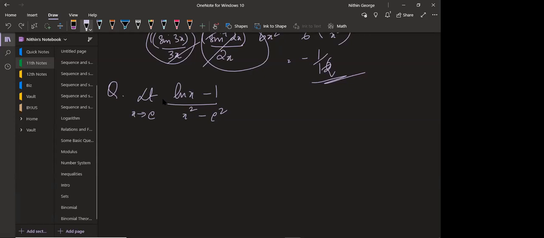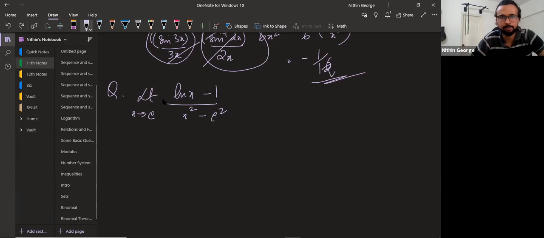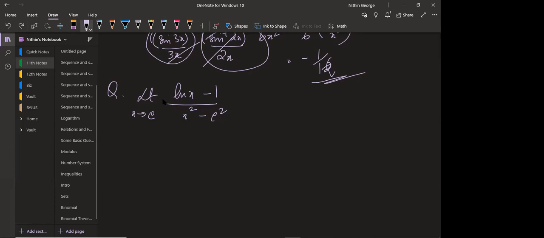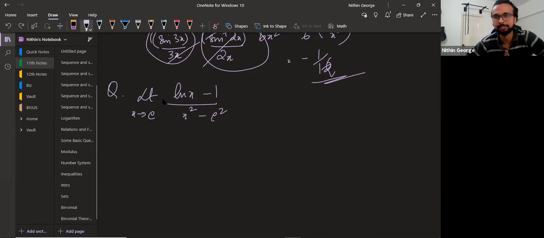Yes, it will be 0 by 0 form, because when you put x tends to e, the numerator becomes 1 minus 1, 0. The denominator also becomes 0. Here, how do we proceed without using L'Hopital? We have sin x minus 1 divided by x square minus e square.